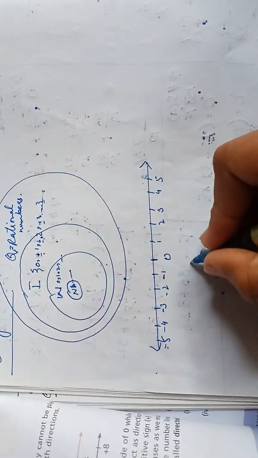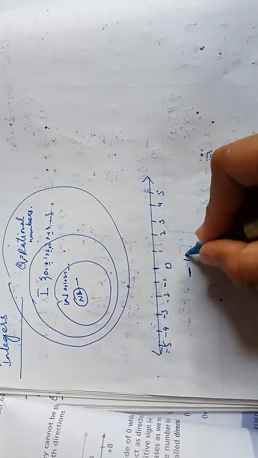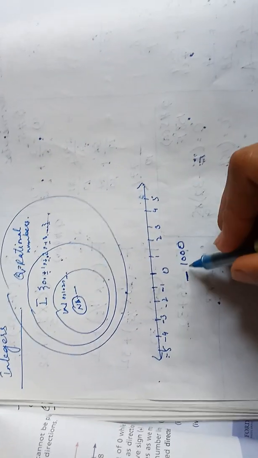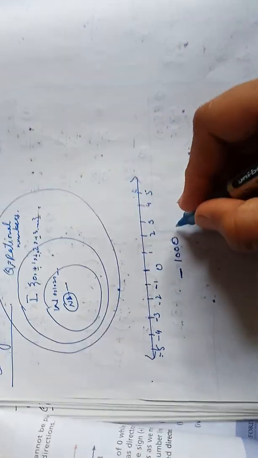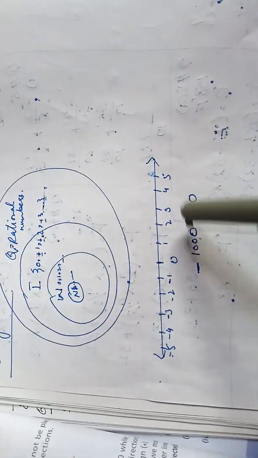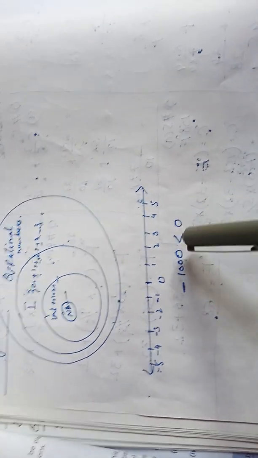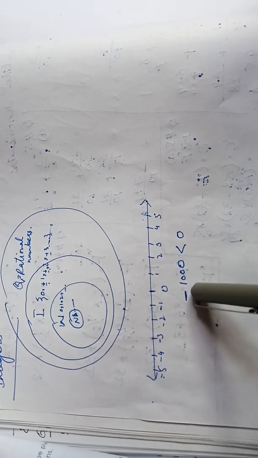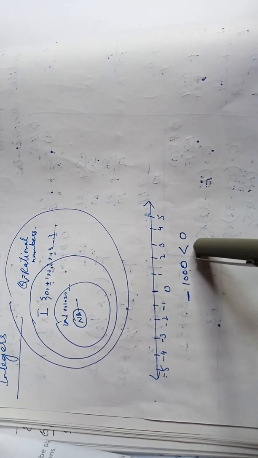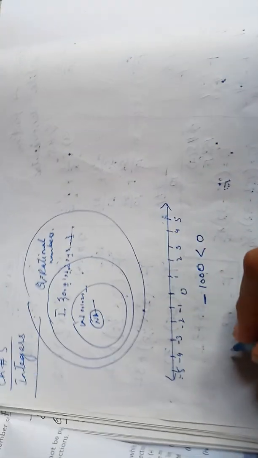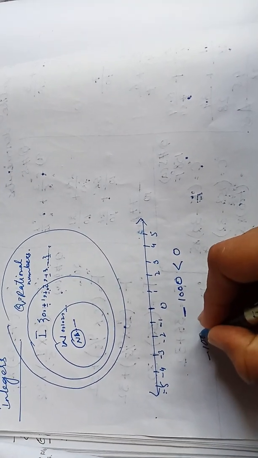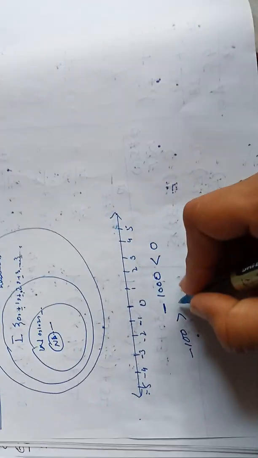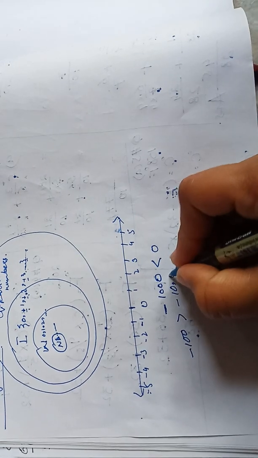Any greater number that has the sign minus, like minus 1000, is less than 0. It has no worth in front of 0. If the number is minus 100, that will be greater than minus 10,000.